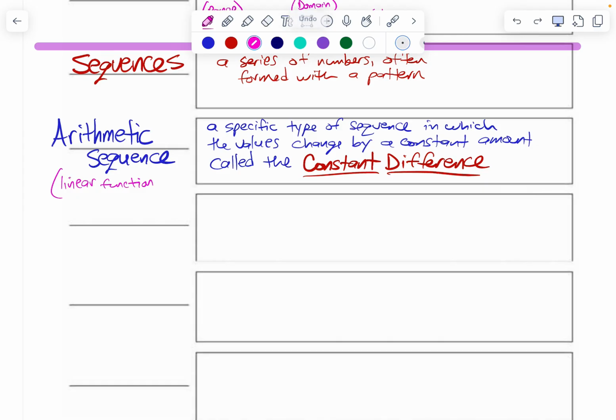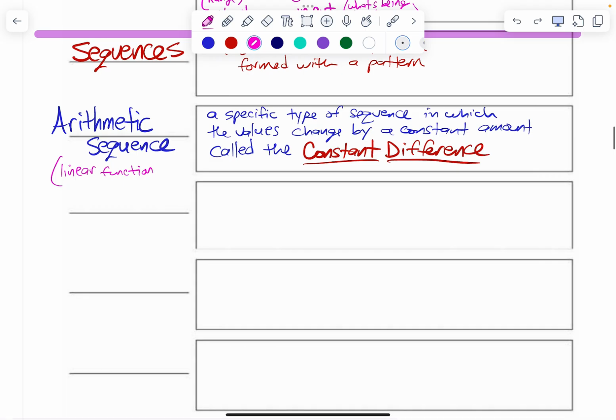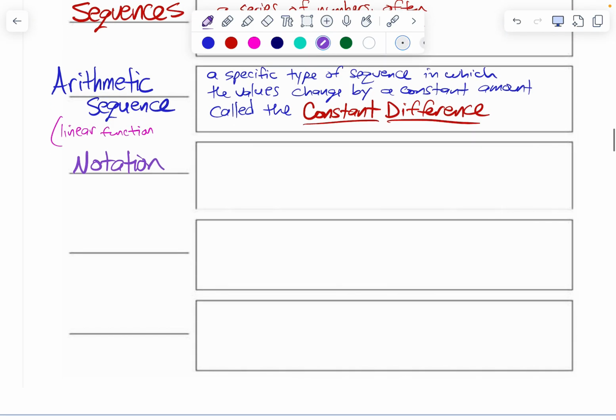All right, this is going to be some new stuff, and it hopefully isn't a big deal because we've done a little bit of it before. But in terms of notation, so that we can interact with this, we are going to be using subscripting to note which term we're talking about. Okay?